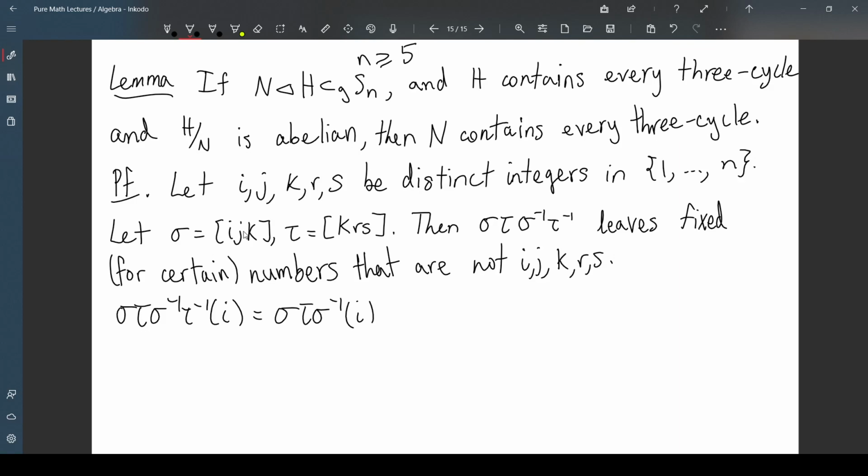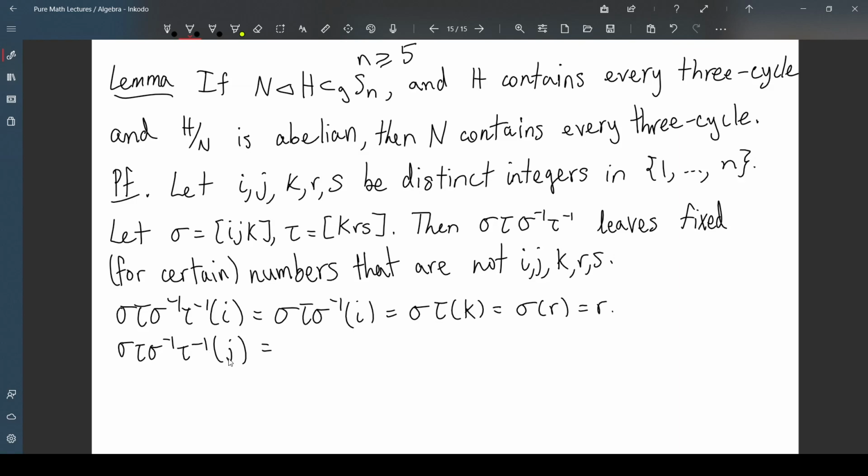Remember that the inverse is the reverse permutation. So this is sigma tau of k. Now tau of k is r, so this is sigma of r, and sigma leaves r fixed. So i gets mapped to r.